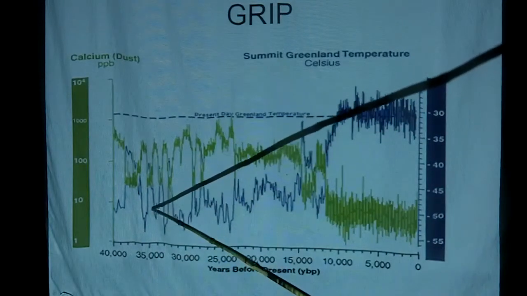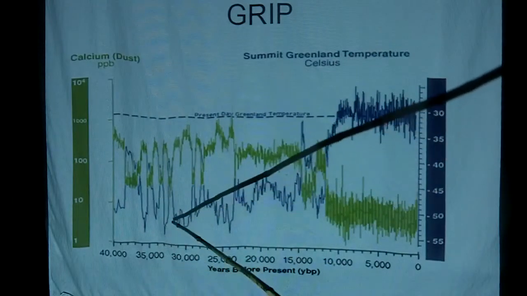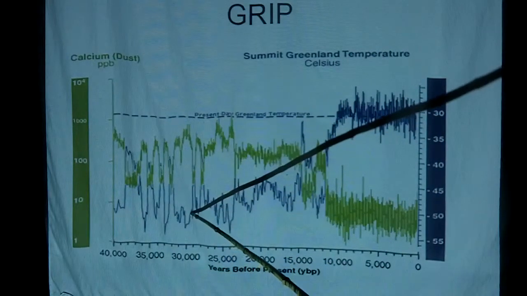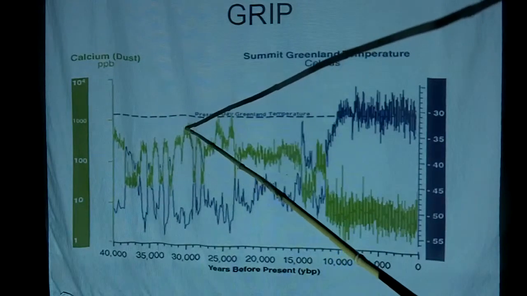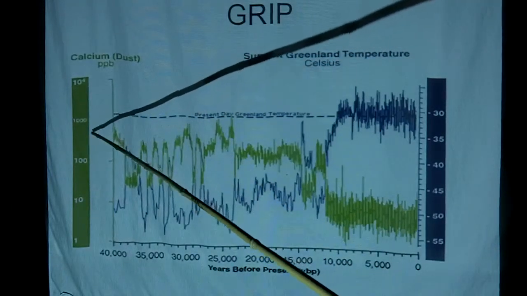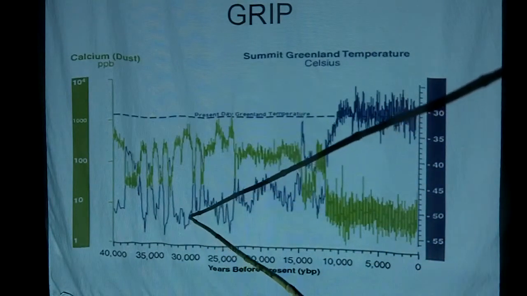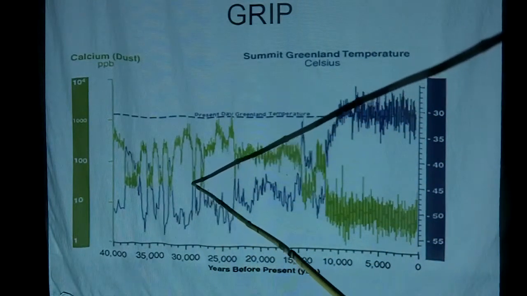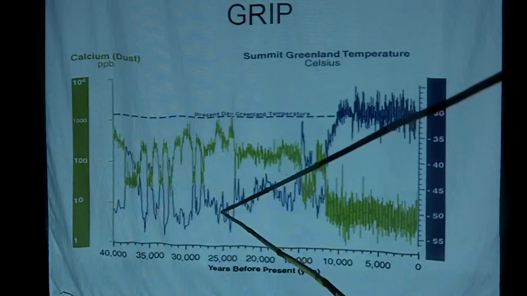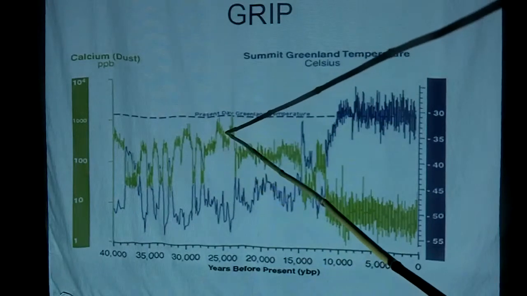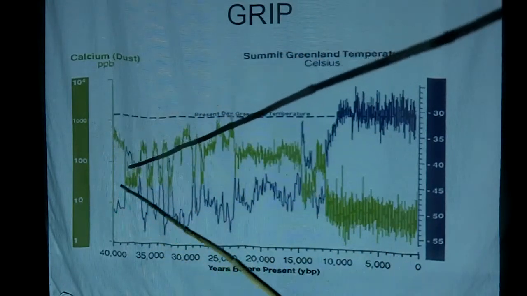And every time you get a cold snap, the calcium jumps up. And here's one that lasted for about 4,000 or 5,000 years, and the calcium got up to about 900 parts per billion. And then there were some brief warm periods, and then here about 10,000 years, the calcium dust is pretty high, and it reaches almost 1,000.